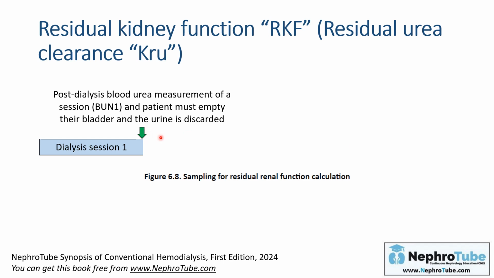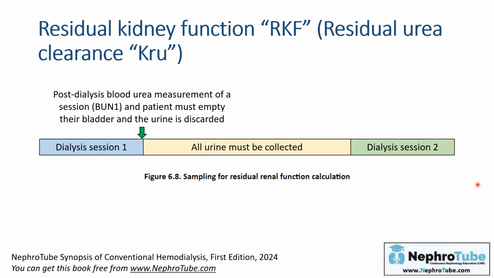Okay. Then this is the second hemodialysis session. Between the first hemodialysis session, after the patient discarded the urine from the bladder, and the second, the patient must collect all the urine volume. Then before the next session, you have to collect pre-dialysis blood urea, and we will call this blood urea nitrogen 2.